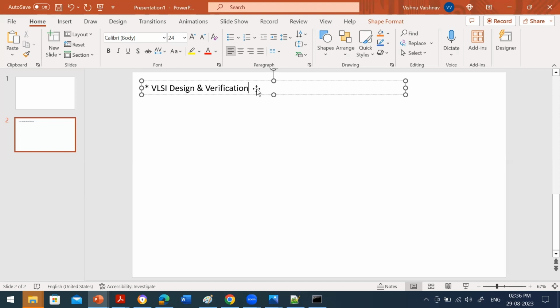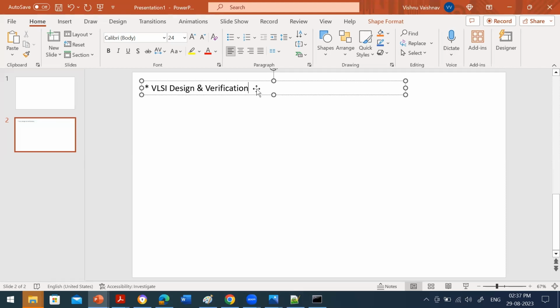It's a simple question. Are we confident enough to say it's a full adder? You cannot say it's a full adder. Yes, you are very close. Maybe it's a full adder, but you can't guarantee.